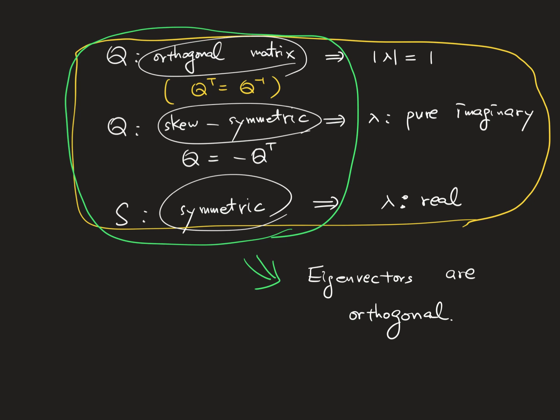So if we have any special matrix like an orthogonal matrix, a skew symmetric, or a symmetric matrix, the eigenvectors are orthogonal, so we can make them orthonormal. This is the end of the lecture for section 6.1.